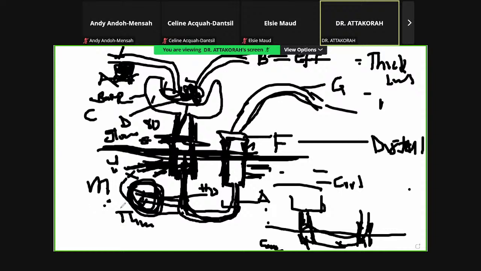So the cells could be necrotic as a result of ischemia. So there could be renal ischemia occurring at the medulla.